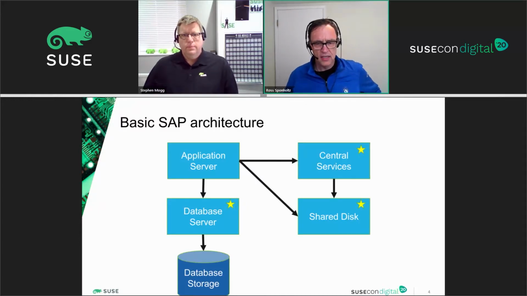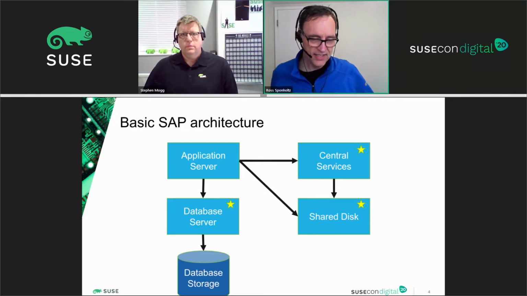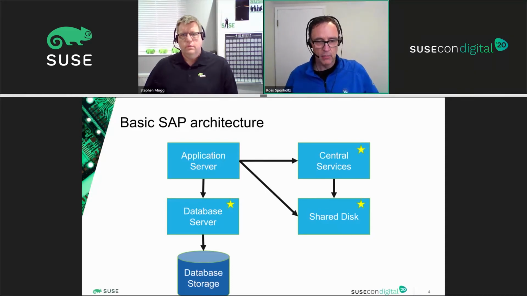Now this slide is just a basic view of SAP architecture, very simplified. So starting out at the bottom, we have database storage. SAP stores all of its data in the database for the most part, and then we have a database server, of course, that is providing queryability, that kind of thing.